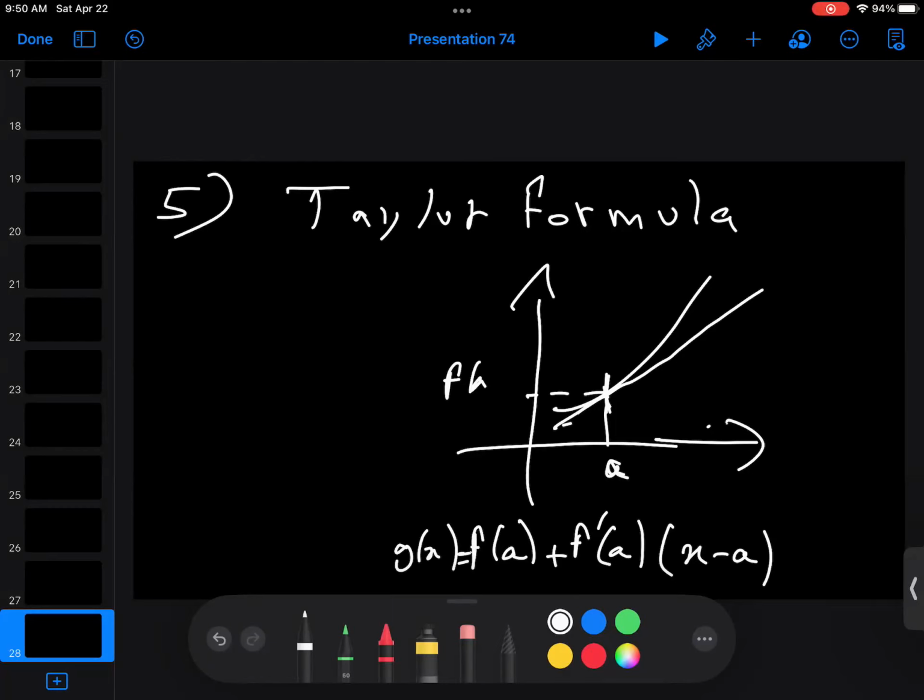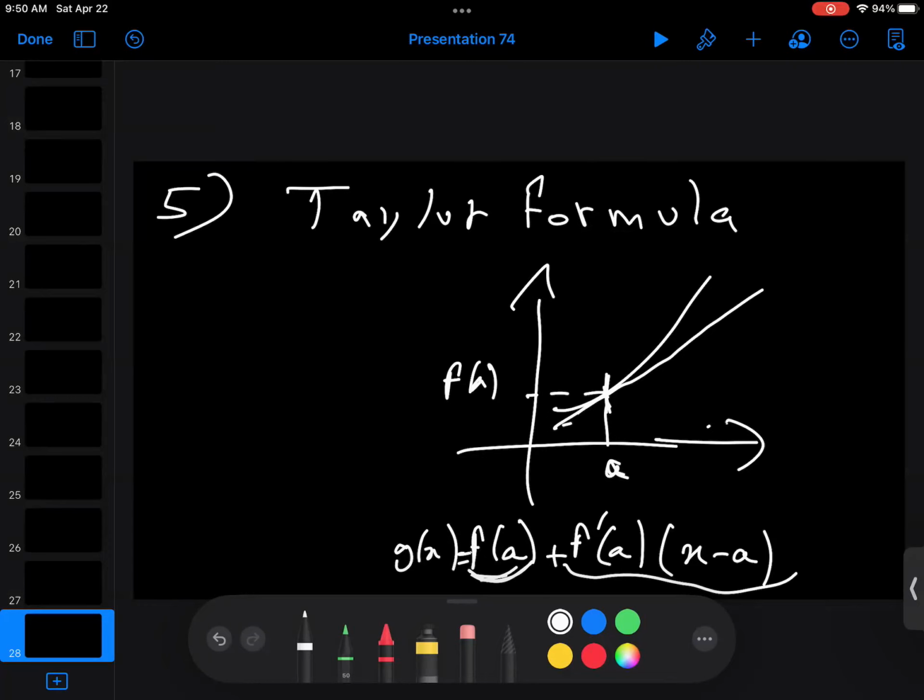So the first approximation of f of x when x is close to a is f of a. When you add this term, you do better. You have a better approximation. But you could continue. You could do it again and again.